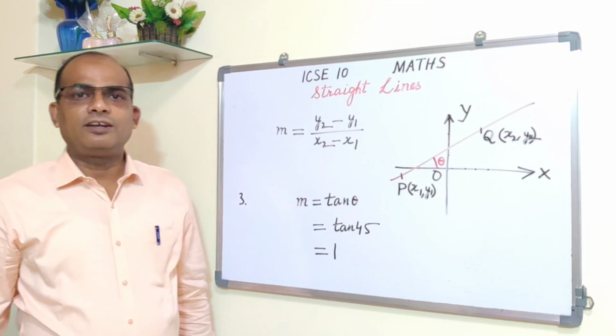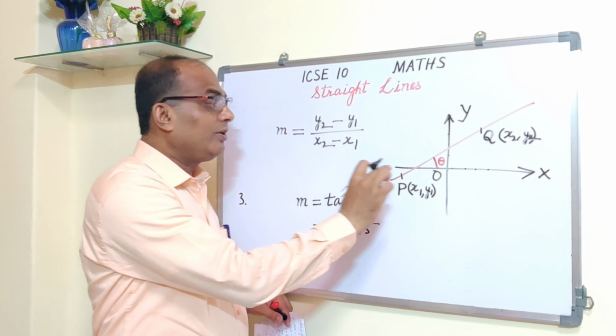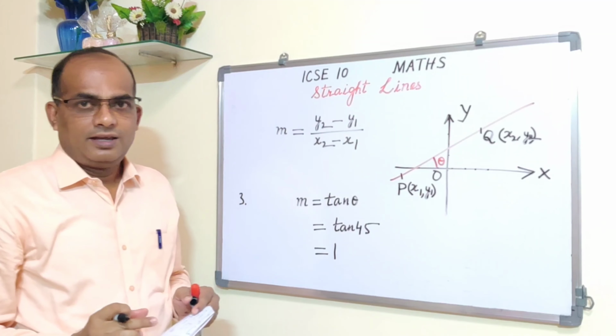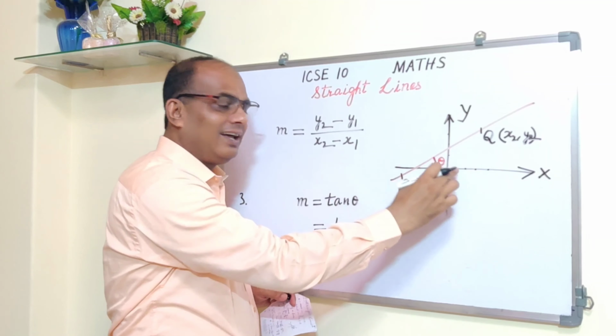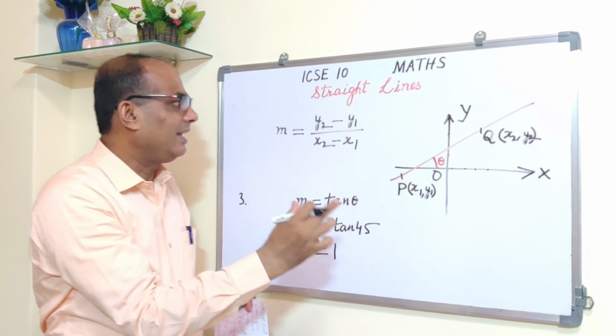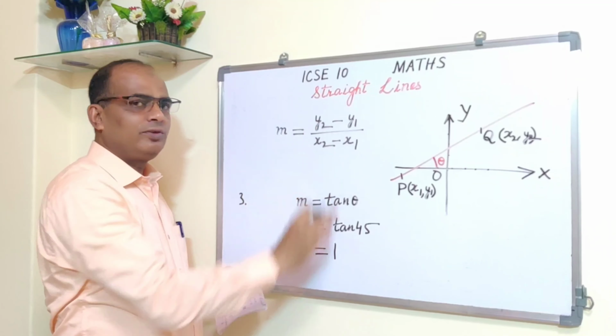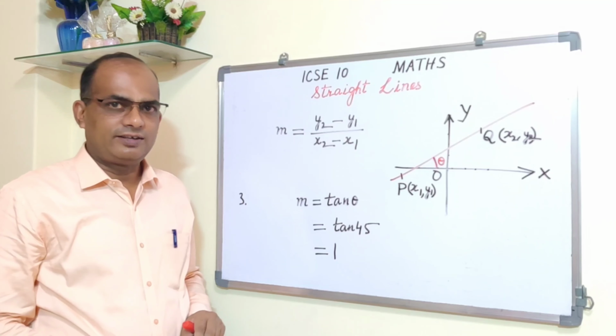This is the second formula. This we will be using when 2 points on the line are given, the coordinates are given. In that case, m is equal to y2 minus y1 upon x2 minus x1.